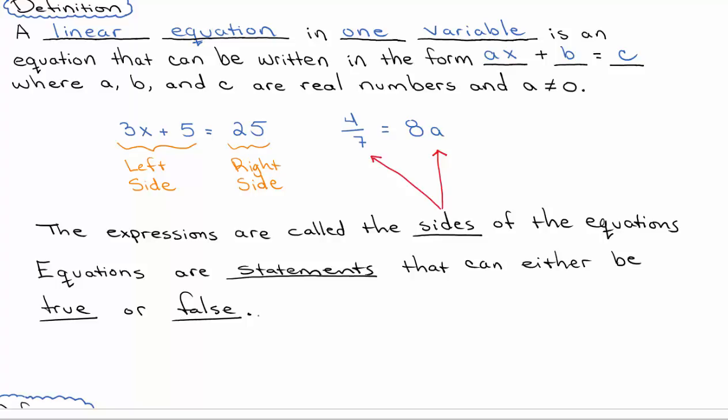Our goal is to find those values of the variables that make the equation a true statement, meaning that when we substitute those values of the variable into the equation, the quantity on the left side will be the same quantity that is on the right side of the equation.